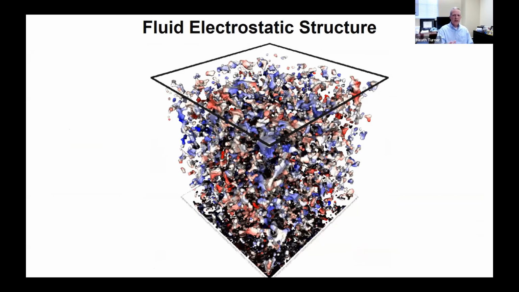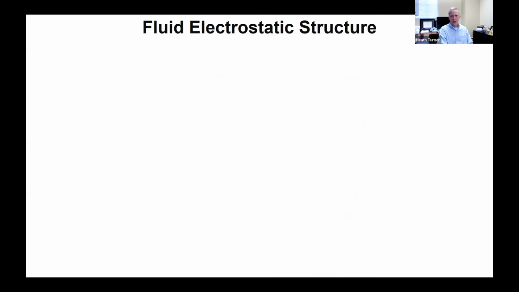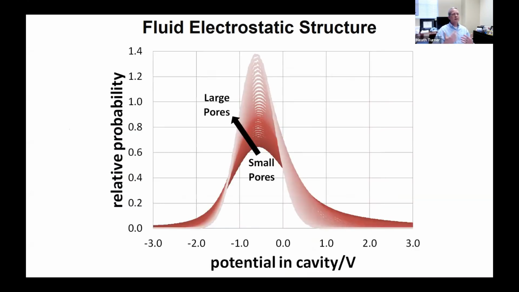And if you look at this, you get a fairly different picture of what these pores look like, from bright red to bright blue, depending on the local configuration and these electrostatic interactions in the system. So again, just like in our previous system where we looked at the fractional free volume, we can also map out this electrostatic potential and use this to predict selectivity in the system as well.